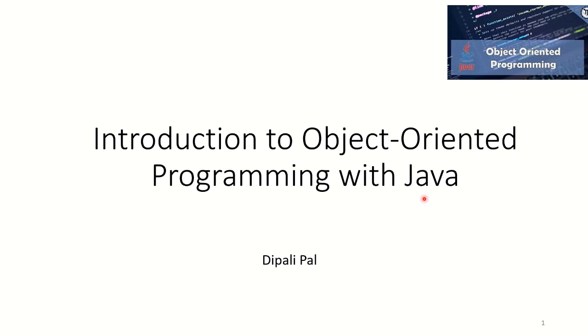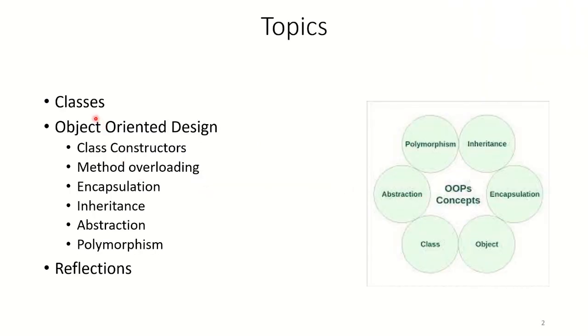In an object oriented framework, we consider everything as an object, such as a building, bank account, student, and so on. We are going to cover the detail of Java classes and the main four pillars of object oriented programming, that is encapsulation, inheritance, abstraction, and polymorphism.